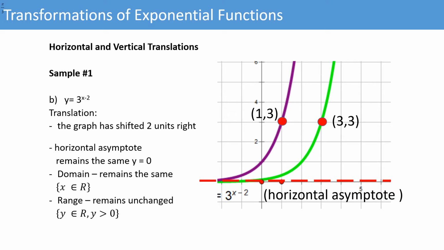The horizontal asymptote remains the same, y = 0. The domain remains the same, x is an element of the real numbers. And the range remains the same, y is an element of the real numbers, and y is greater than 0.